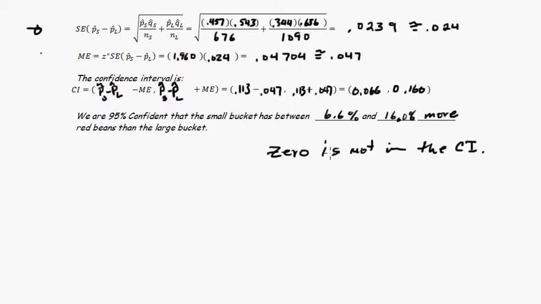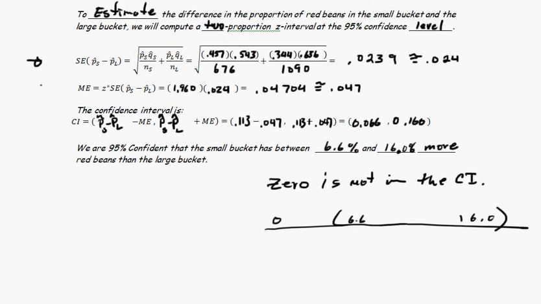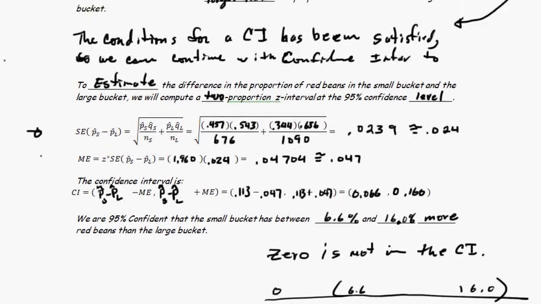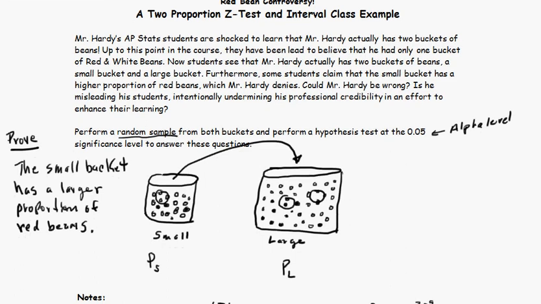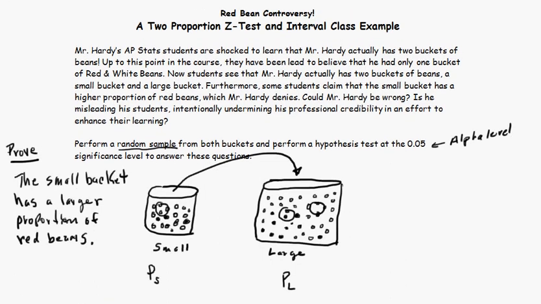So that confirms our hypothesis. 0 is out here on the number line, and 6.6 is here, and 16.0 is way out here. So there's our confidence interval right there. It doesn't contain 0, so it makes sense that we rejected the null hypothesis. So that's how you do this problem. It's a long procedure, but that's kind of what we're doing. Okay, good luck.